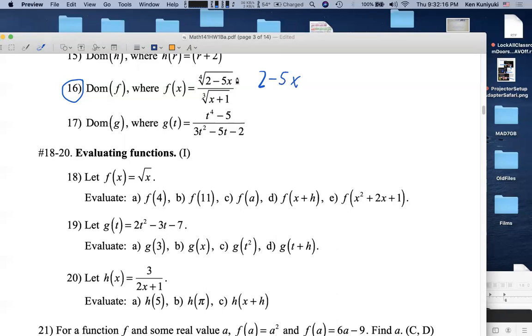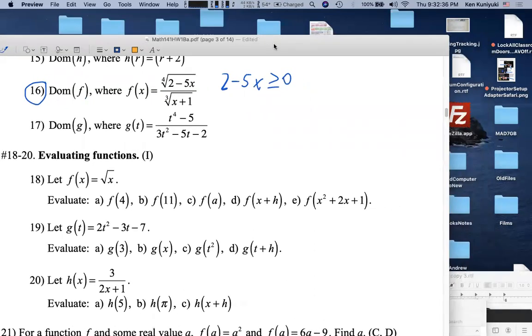So this top part is real if and only if the radicand is non-negative. For right now, it's okay if it's 0. You can have 0 on top. The fourth root of 0 is 0. So based on the numerator, I know that one requirement is that 2 minus 5x must be non-negative. The 0 case is okay for now.